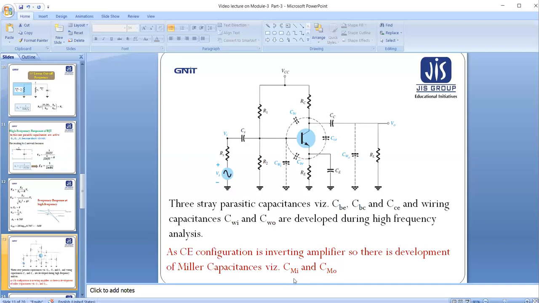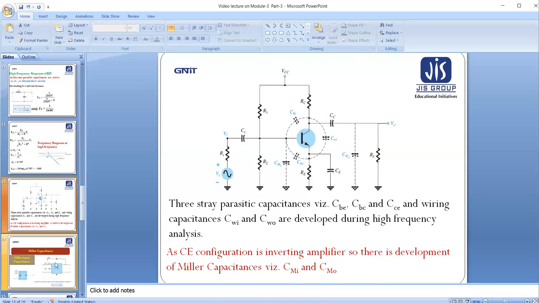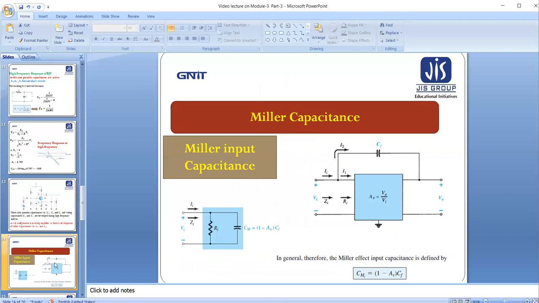CMi will be the modified form of this CBC, and CMo will also be a modified form of the CBC. We will clarify this. First, let us introduce the Miller capacitance. It's very important. This capacitance is developed only during the high frequency AC analysis.